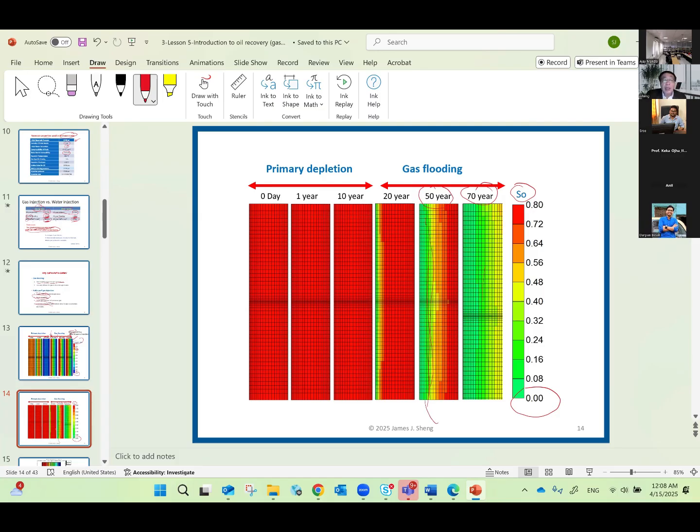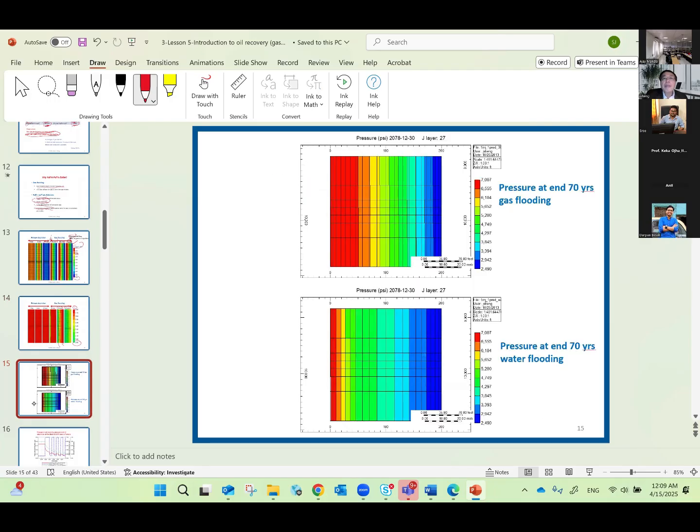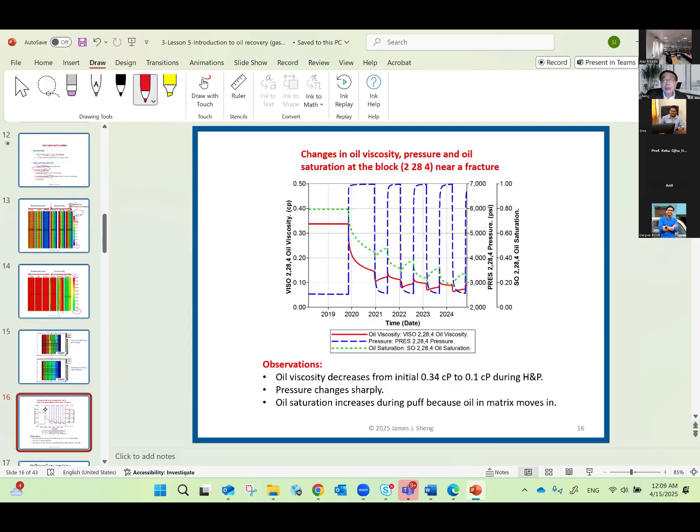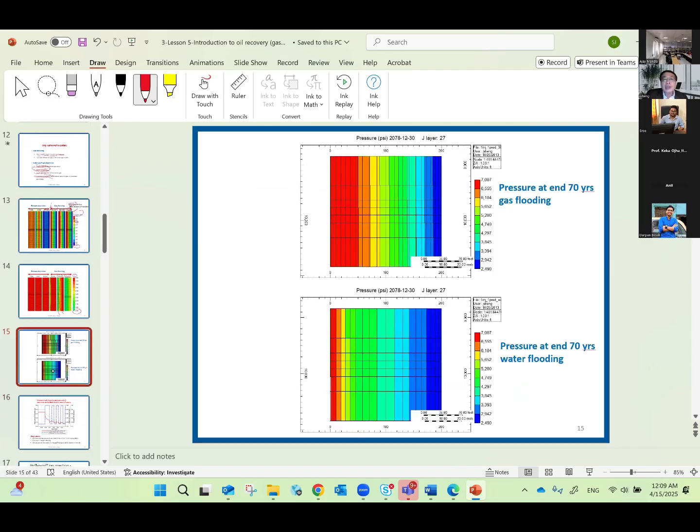You still only have low pressure. But then more than half the volume still has high, oh, I'm sorry, high oil saturation. High oil saturation in the reservoir means less oil produced. Yeah, less oil produced. So that's why the Huff-n-Puff gas flooding is not going to work.